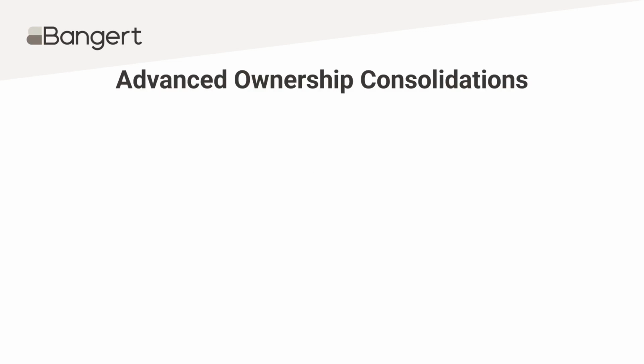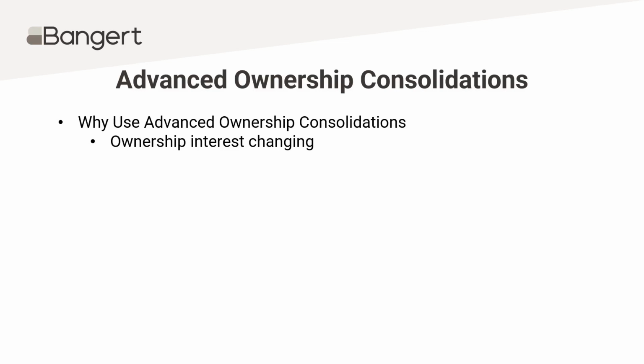So what are advanced ownership consolidations and why would you use them? If you have different ownership interests that are changing, for example, if you've got multiple investors coming in and out of your company, you might want to have different percentages month by month of ownership. This would be a good use case to use the advanced ownership.